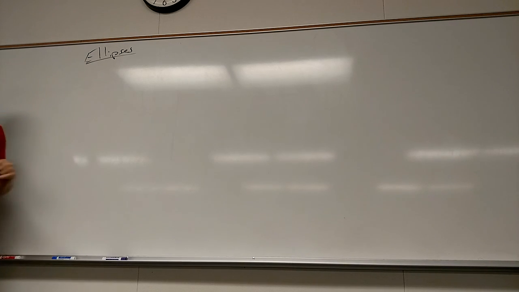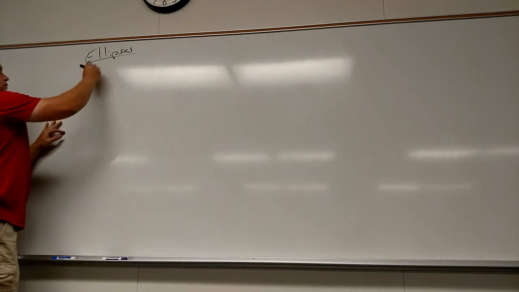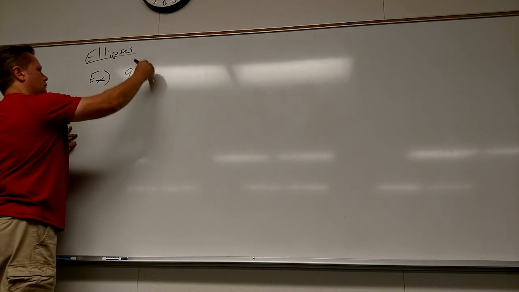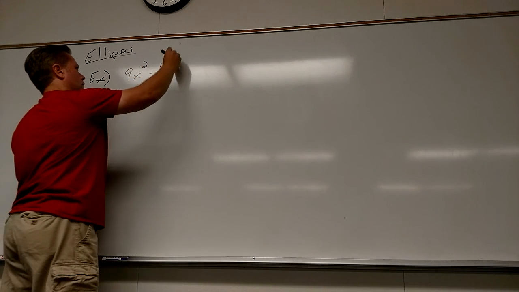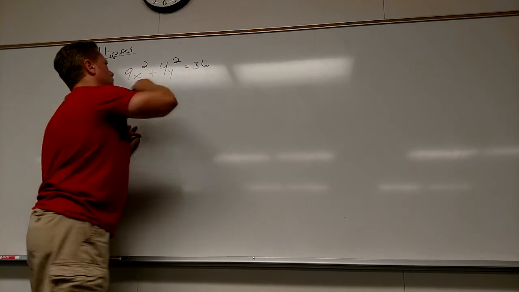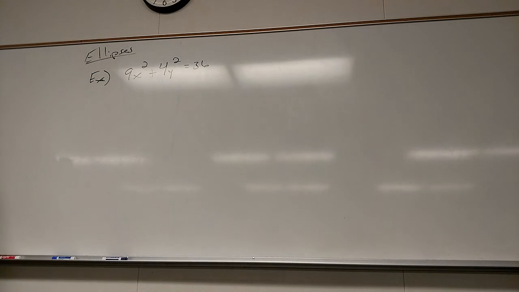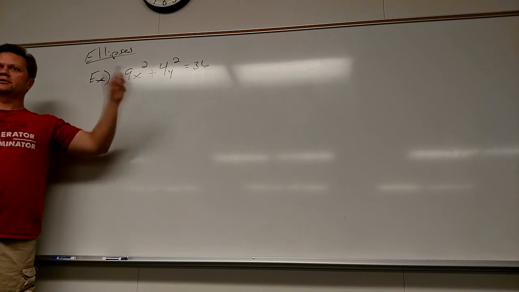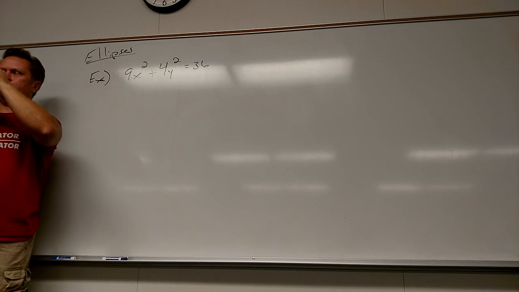So let me start with what I just said and then put it in a better form. So here's an example of an ellipse. Two things. It's plus, so it's contained, either a circle or an ellipse.